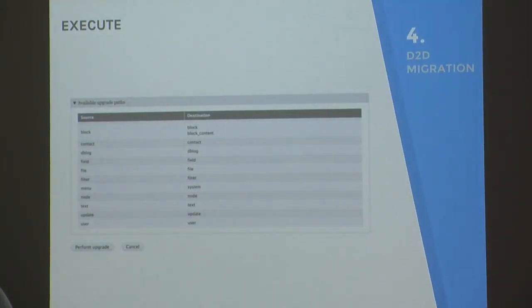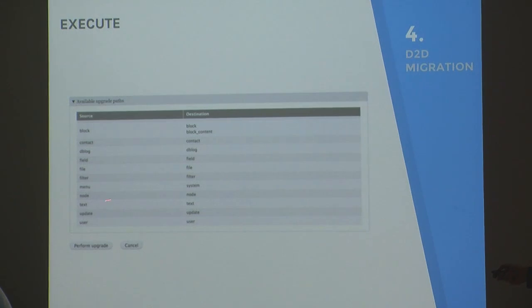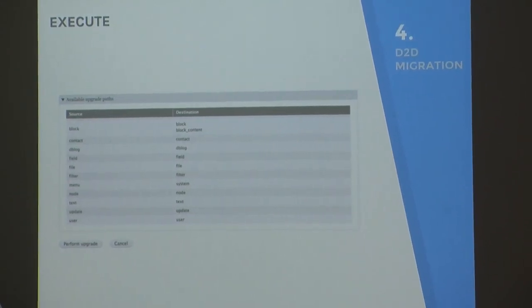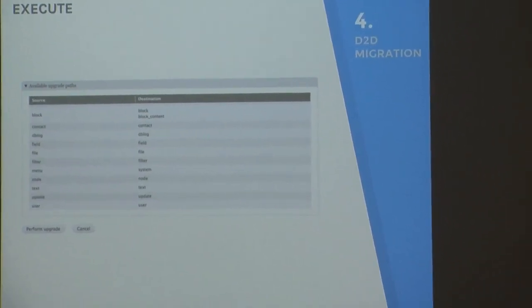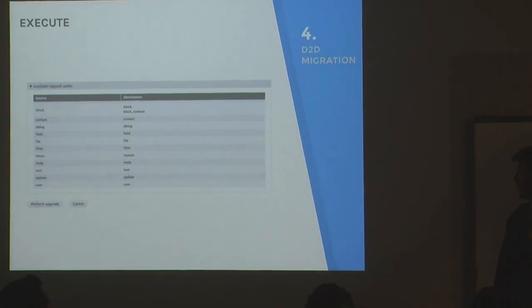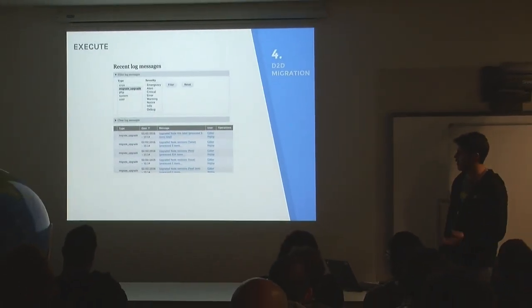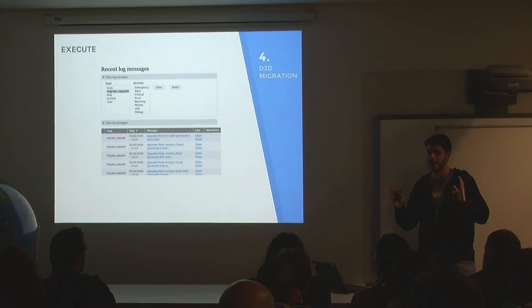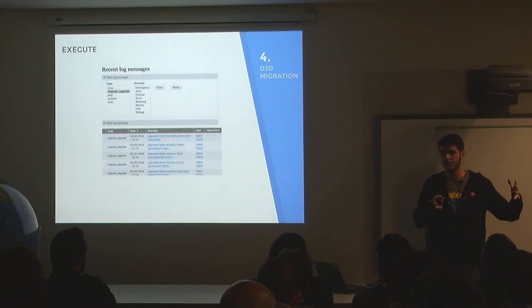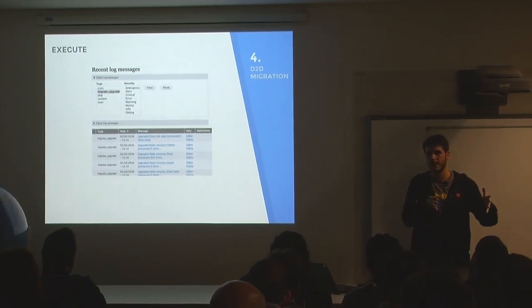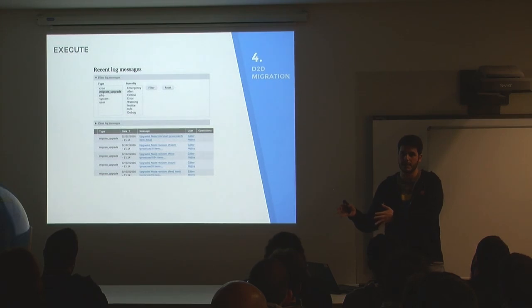Blog, hey, I see some blocks in Drupal 7 that I can migrate to Drupal 8. Hey, I can see some nodes in Drupal 7 that I can migrate to Drupal 8. Perform upgrade and magically it migrates everything in your Drupal 6 or Drupal 7 to Drupal 8.